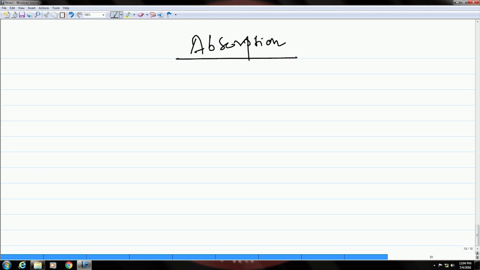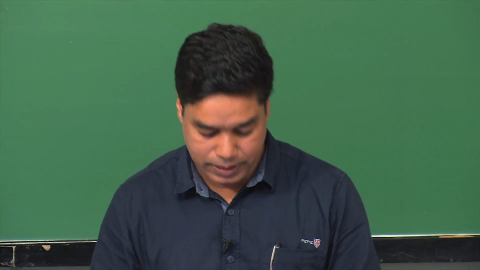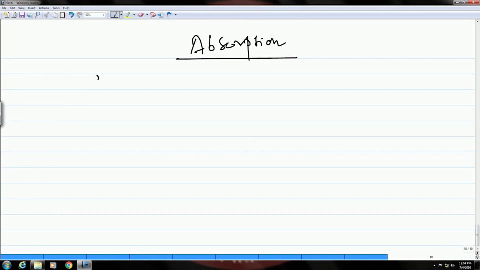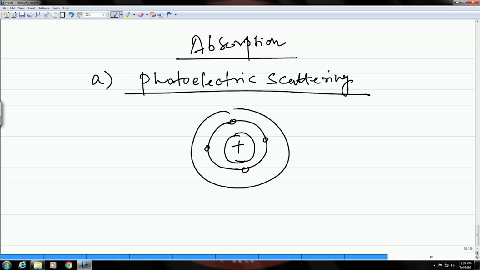So, these are primarily scattering events, that means scattering of the X-rays by the atoms of the material, and there are different forms of atomic scattering, and one of them is known as photoelectric scattering. So, this is the atom, you have the nucleus and then electrons around it in the orbitals.